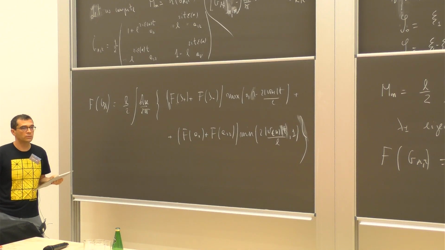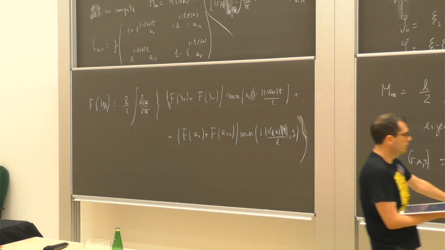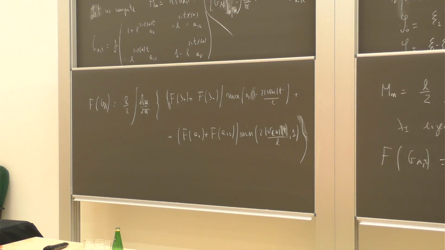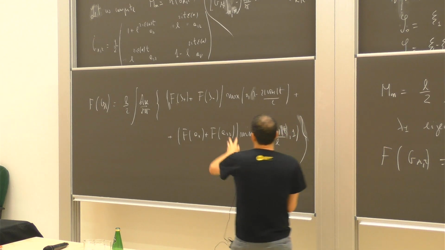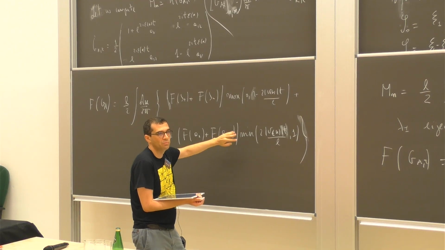Okay, this is just splitting this max as a 1 minus min or something like that. Then you see that these terms here cancel. So here you remain with a max, and here you have a min. This should be trivial if you plot it.